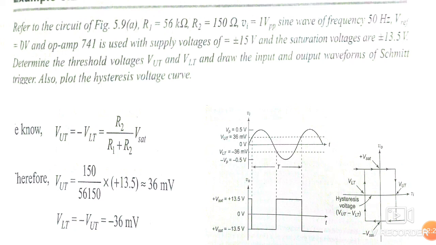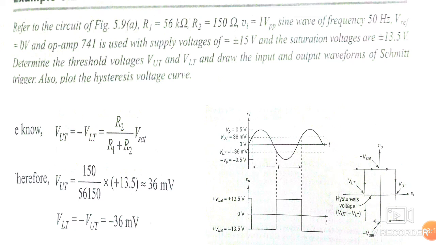As soon as the input voltage becomes greater than VUT, that is after this point, the output of the Schmitt trigger circuit will trigger directly from plus Vsat to minus Vsat, and it will remain there up to VLT, that is minus 36 millivolt. So at minus 36 millivolt, it will again trigger, from minus Vsat to plus Vsat.